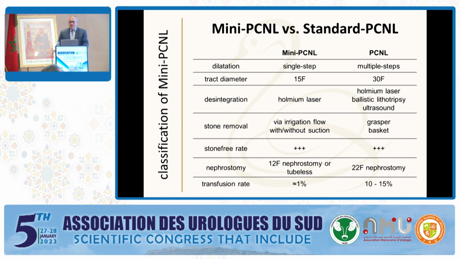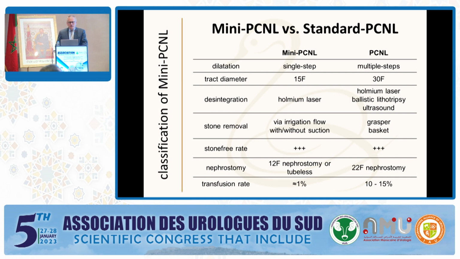If we are performing a standard PCNL, we normally use multiple steps. We are using the plastic dilators, or we are using the so-called Alken dilators. The track diameter in mini PCNL is smaller than in standard PCNL. There is only 20% of the cross-section of a standard PCNL in mini PCNL.